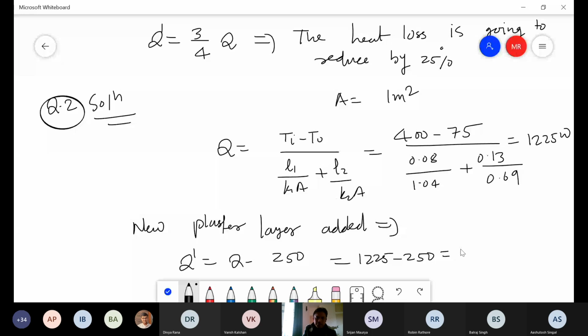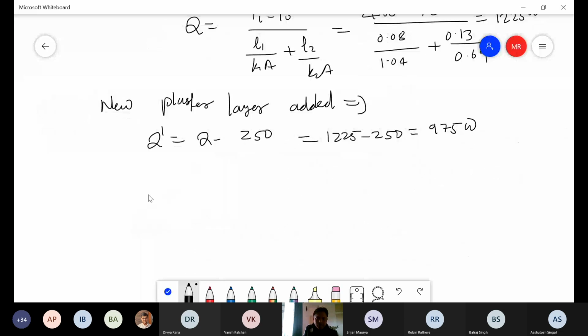And also the temperature T naught new is reduced to 60 degrees Celsius. So now we can write down the expression again.